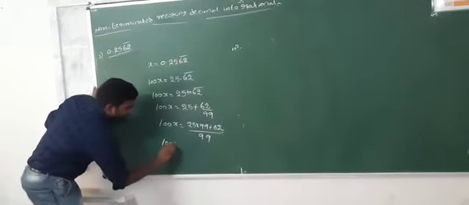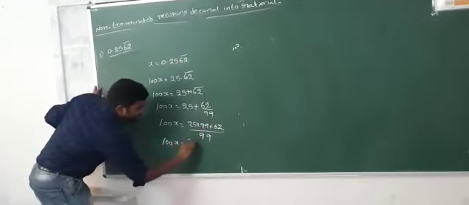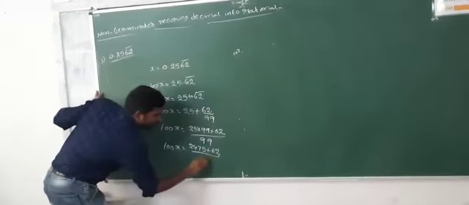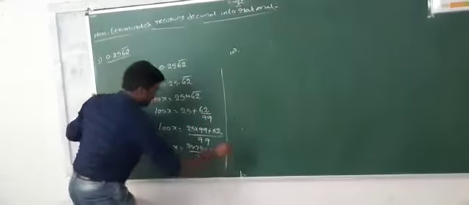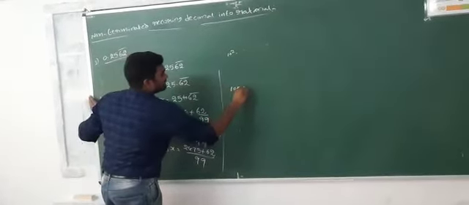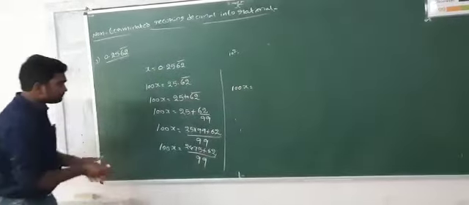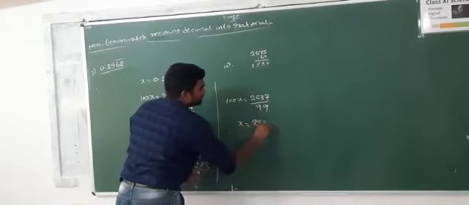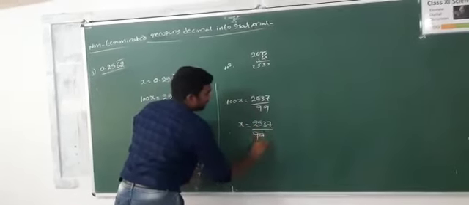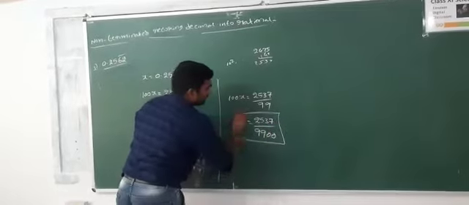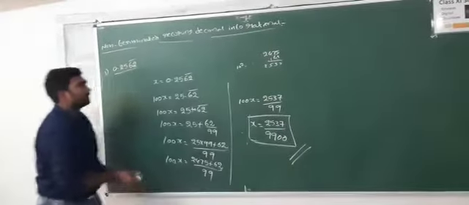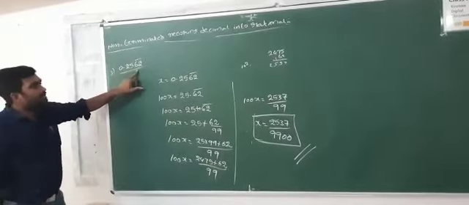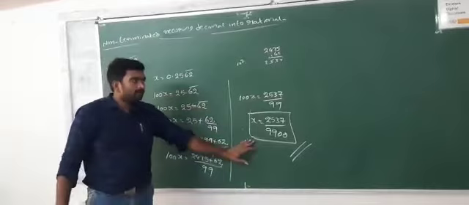So 100x is equal to 2475 plus 62 by 99. Then x is equal to 2537 divided by 9900. This is the conversion of non-terminating mixed recurring decimals into rational form.